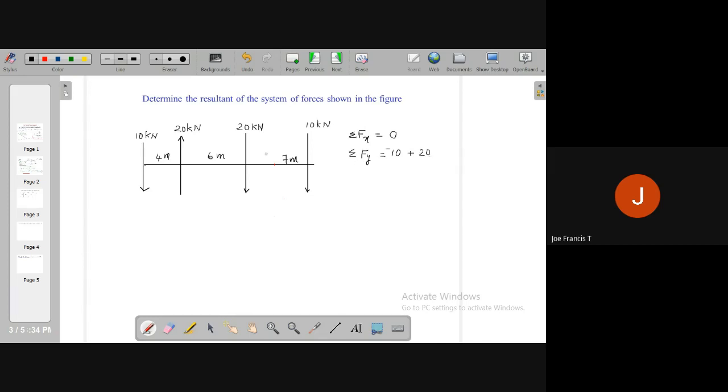The third force acting downwards, so minus 20. And the fourth one is also acting downwards, so minus 10. Right? So net, you find that Fy is minus how much? Minus 20 kilonewton.